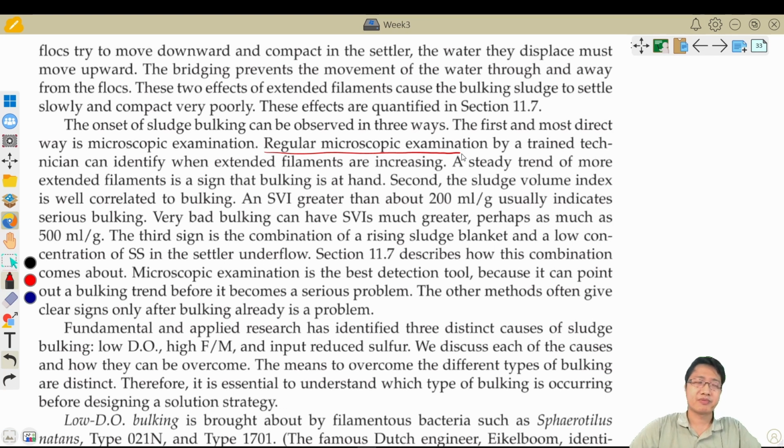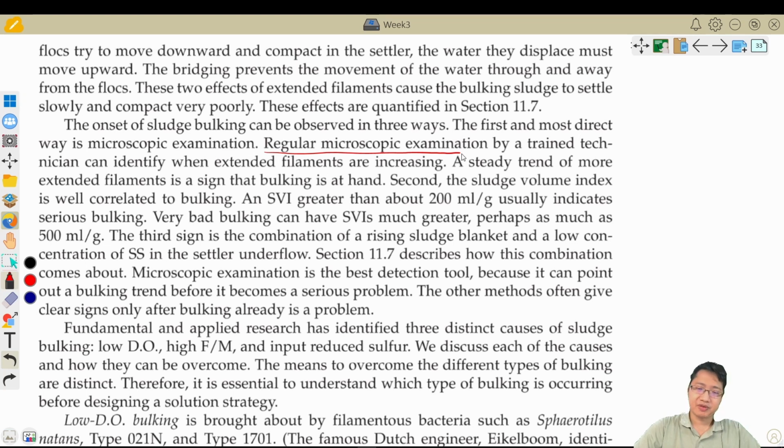The observation is very useful to directly observe if there are any bacteria forming extended filaments within the sludge floc. Okay, and the second thing is you can also measure the SVI.